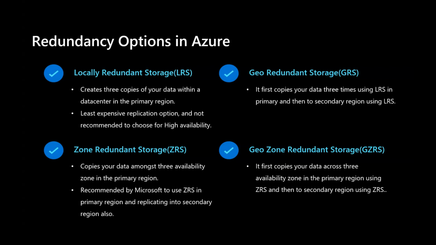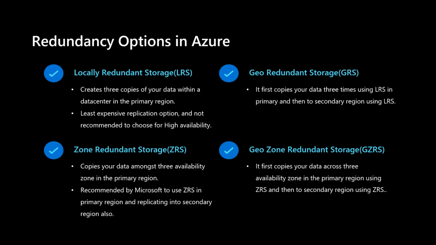However, it is not recommended for applications requiring high availability or durability. Whereas zone redundant storage, that is ZRS, copies your data simultaneously across three Azure availability zones in the primary region. For applications requiring high availability, Microsoft recommends using ZRS in the primary region and also replicating to a secondary region.